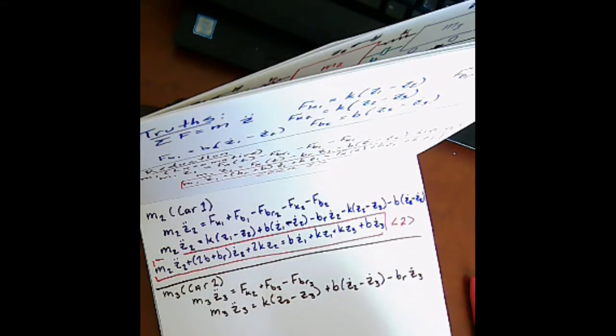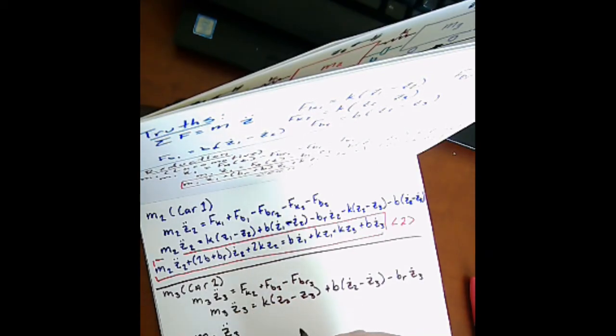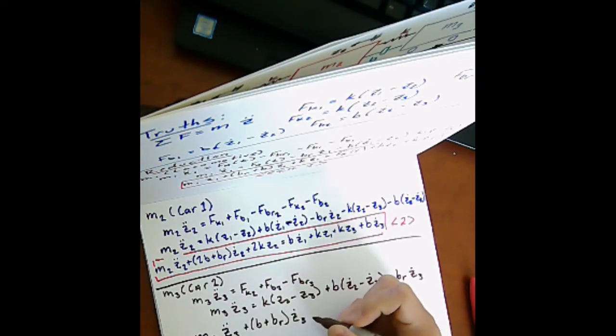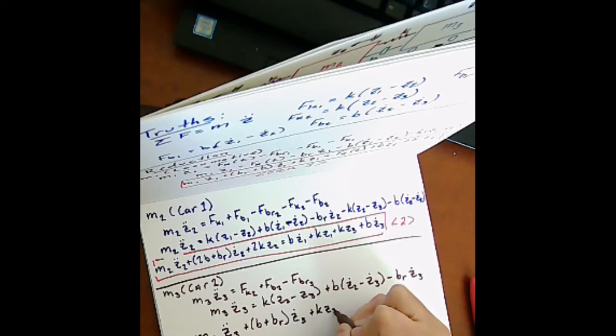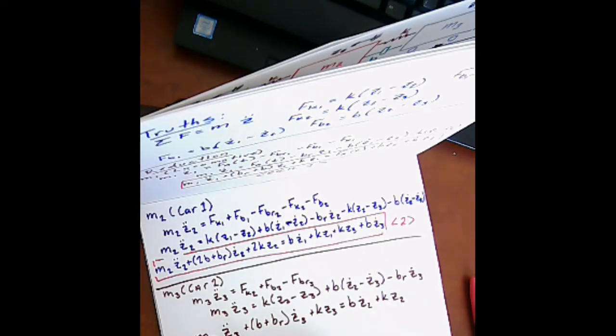Fantastic. So we will algebra this: M3 Z double dot 3 plus quantity B plus BR, Z dot 3, plus K Z3 is equal to B Z dot 2 plus K Z2.